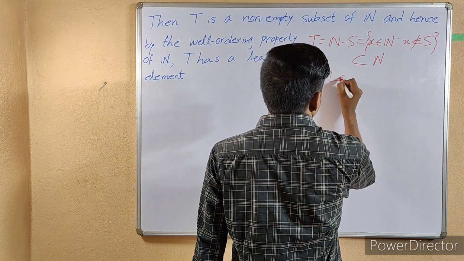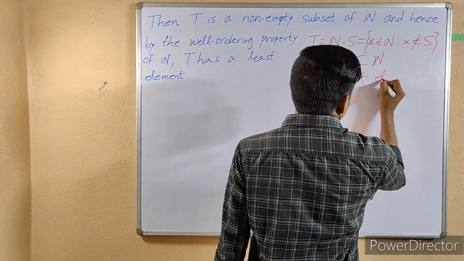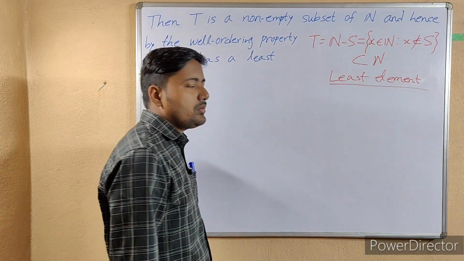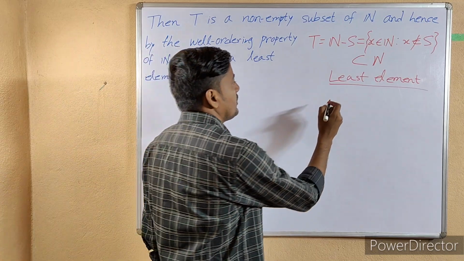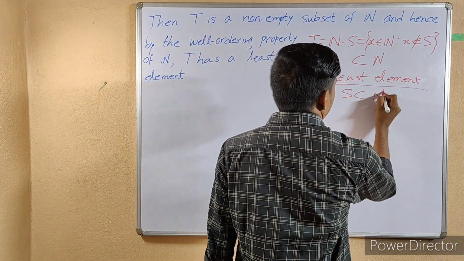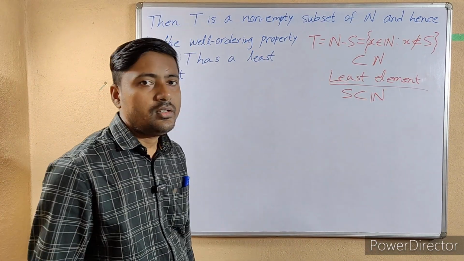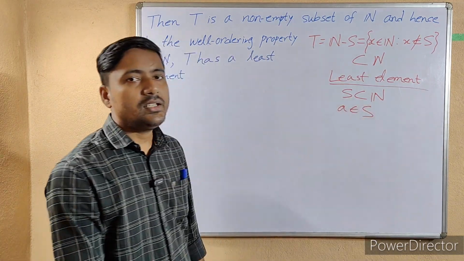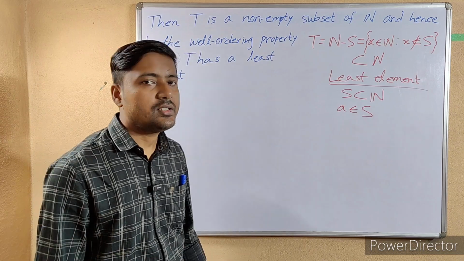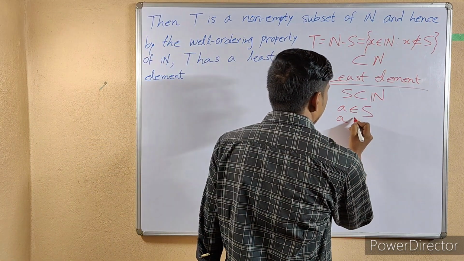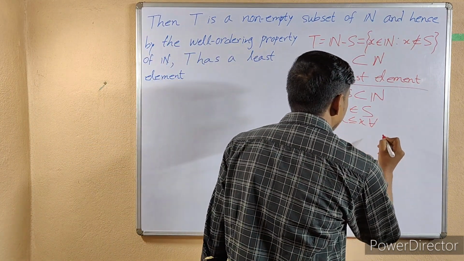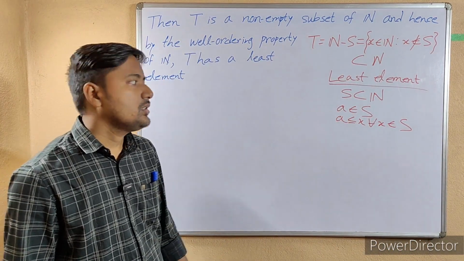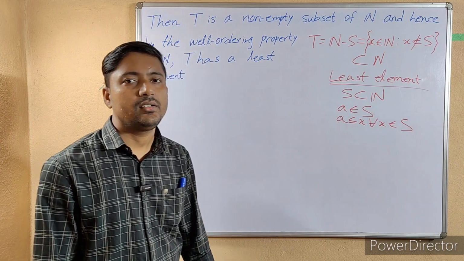Least element. Let S subset of N and a belongs to S. Then a is said to be a least element of S if a less than or equal to x for all x belongs to S. That is the lowest number of the set.